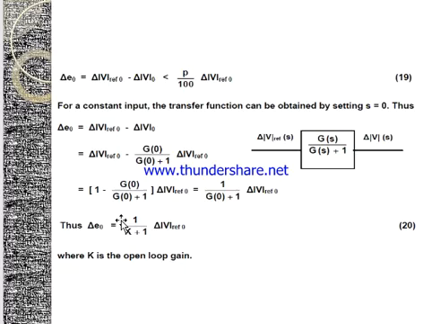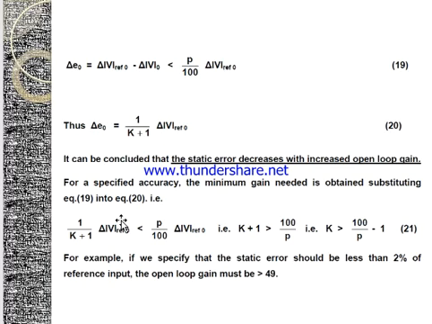Substituting the initial value, s equal to 0, we will obviously get this form of equation: delta E0 is equal to 1 by (K plus 1) into delta V reference 0, where K is the open loop gain. Now this should be less than p, the percentage level, p by 100 into delta V reference 0. So it can be concluded that the static error decreases with the increased loop gain.